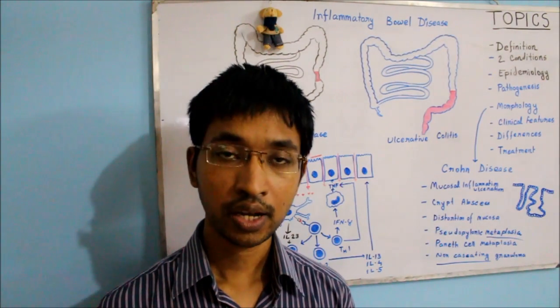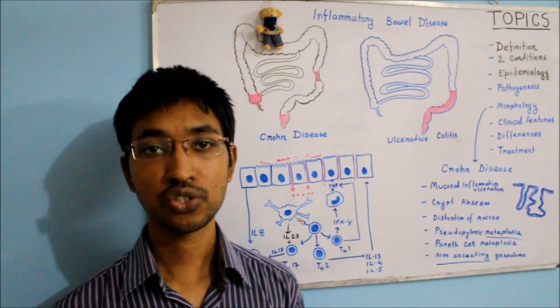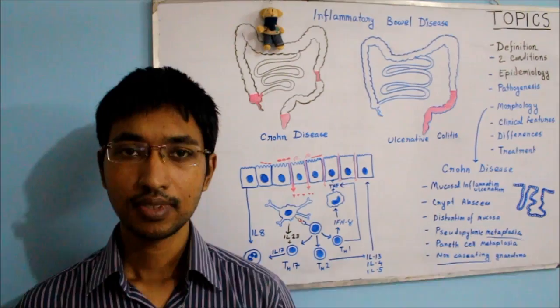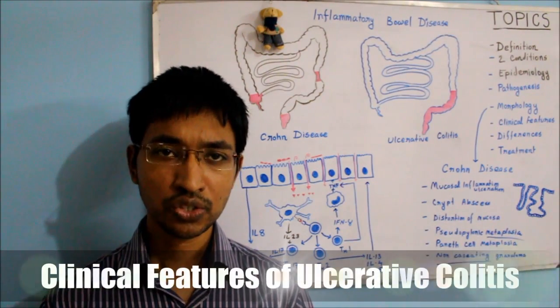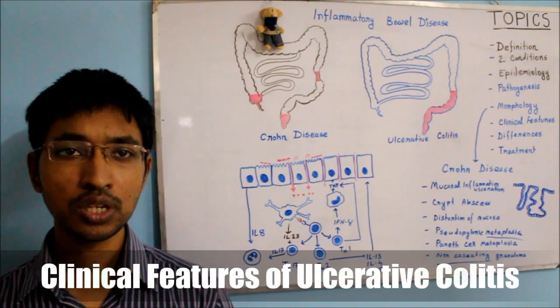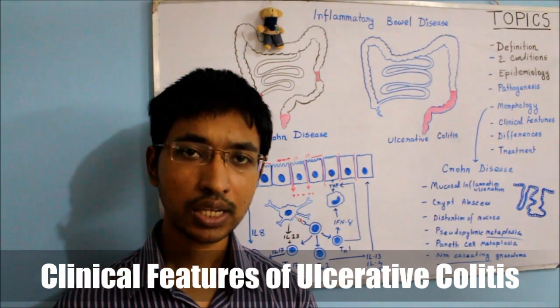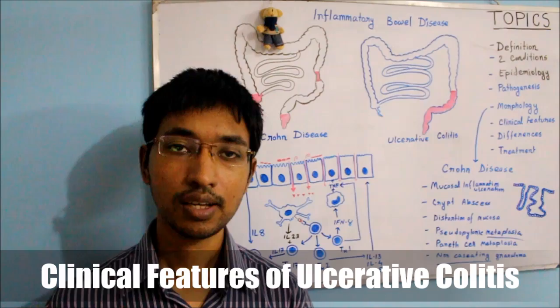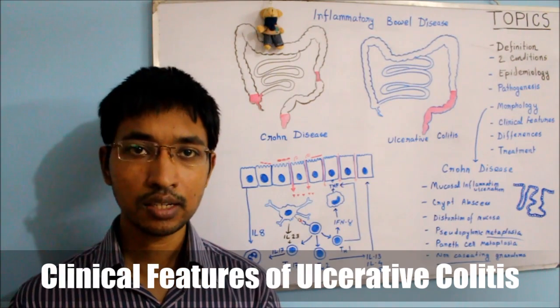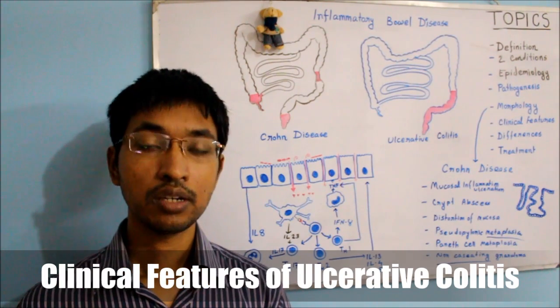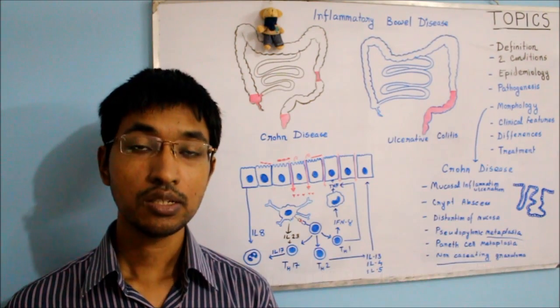Now we'll move on and discuss briefly the clinical features of ulcerative colitis. The clinical features of ulcerative colitis will include intermittent bloody mucoid diarrhea and abdominal pain, and these clinical features can persist for days to months.